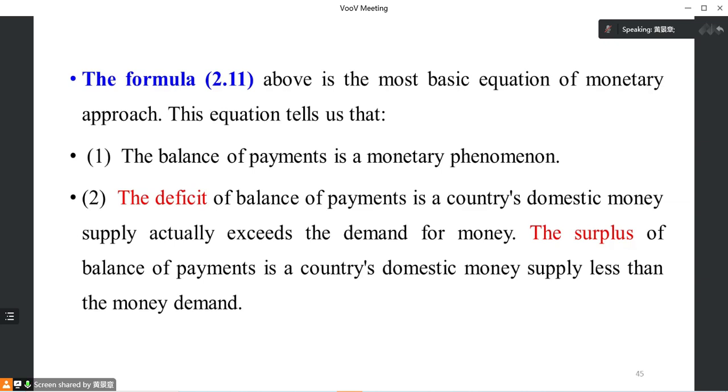The surplus of balance of payments is when a country's domestic money supply is less than the money demand.